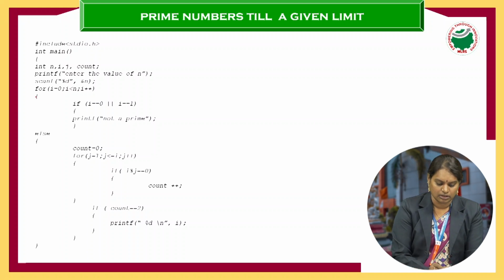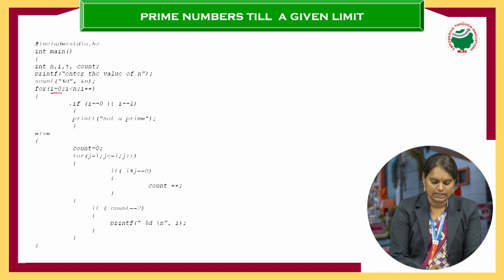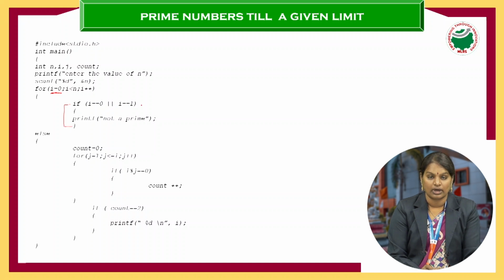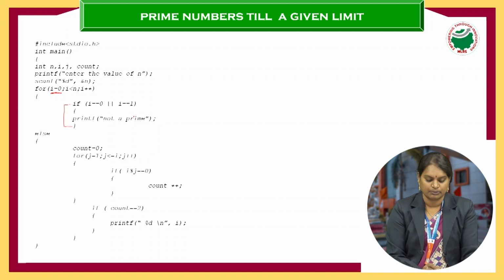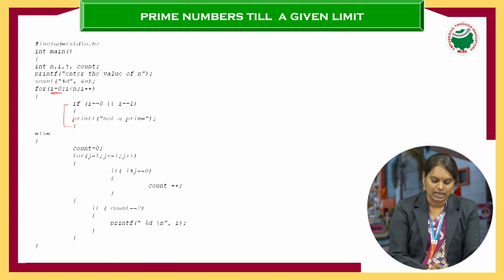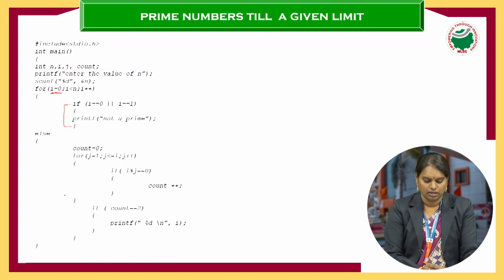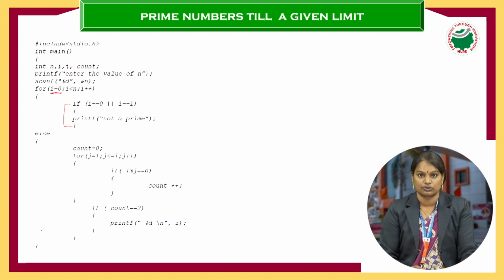I have to write internally that if I is 0, this is logical or, I is equal to 1, then print they are not a prime. In these two cases, automatically the system will print it is not a prime. And when I becomes 2, from there on your for loop part executes, that is, the else part gets executed.